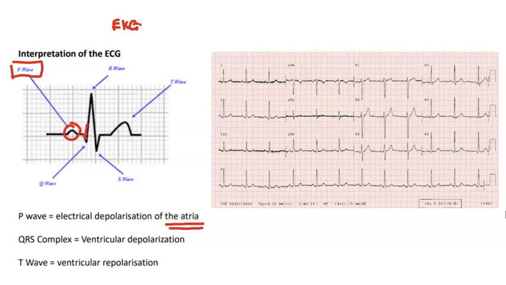This electrical disturbance here across the heart is known as the QRS complex, and this is associated with ventricular depolarization or ventricular contraction. The T wave actually shows the heart relaxing and recharging for the next contraction.